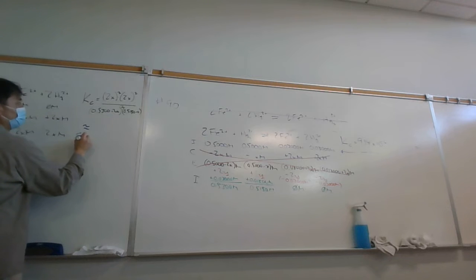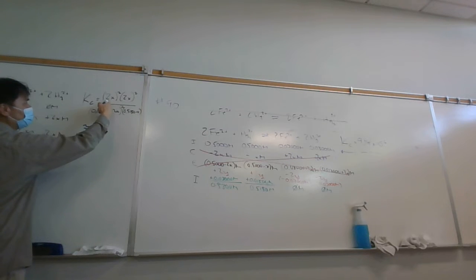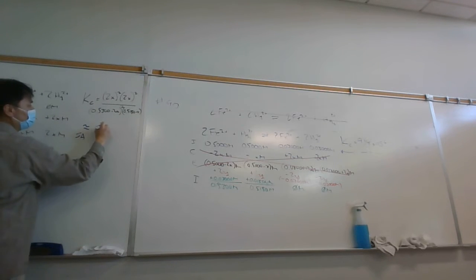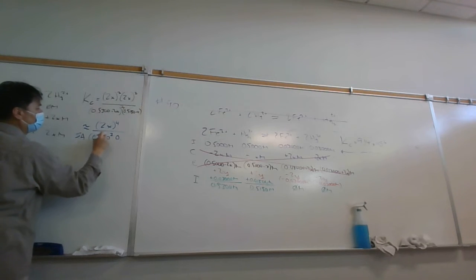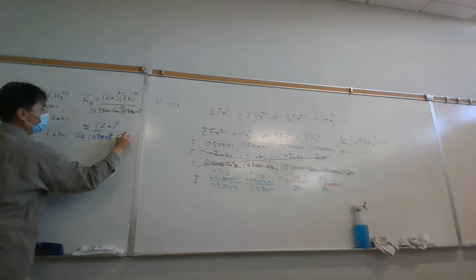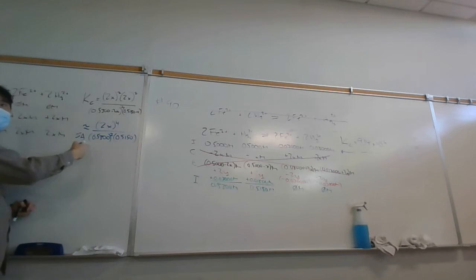And so we use the simplifying assumption, and we'll get (2x) to the fourth over 0.5300 squared and 0.5150. So we drop the x out of both of these binomials, assuming that they're small. The simplifying assumption is that 2x is much smaller than 0.53.